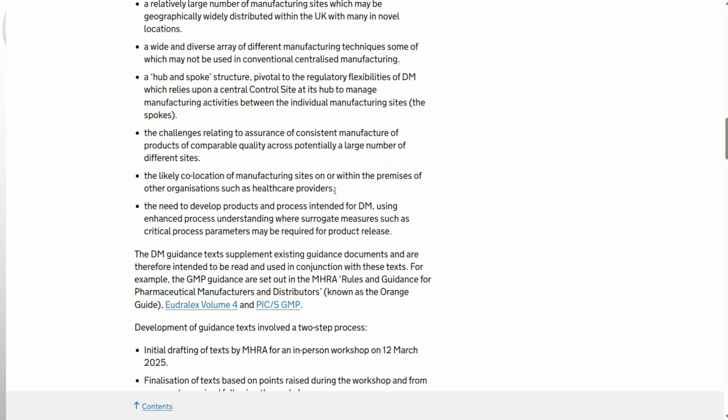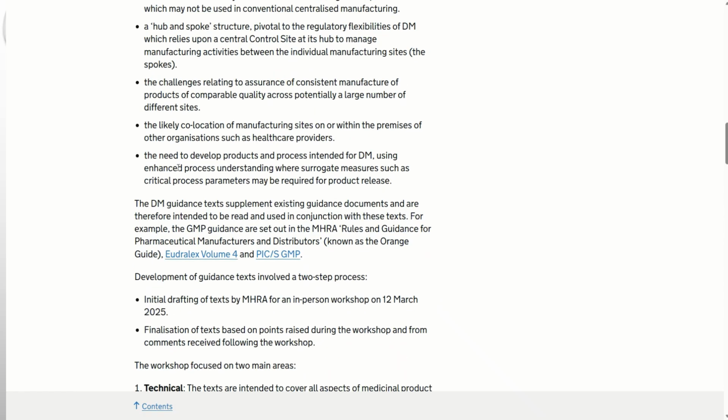So this could be near or even in hospitals, specific hospitals that are providing specific treatments. And the need to develop products and processes intended for decentralized manufacture using enhanced process understanding, where surrogate measures such as critical process parameters may be required for product release.